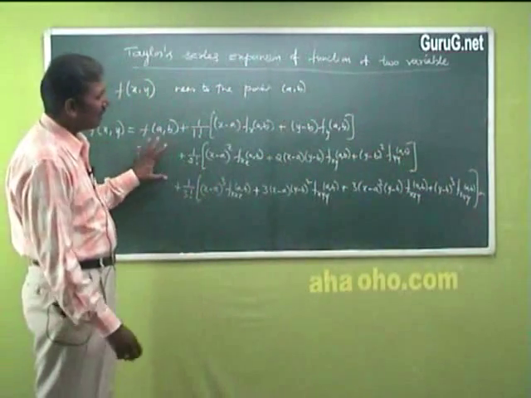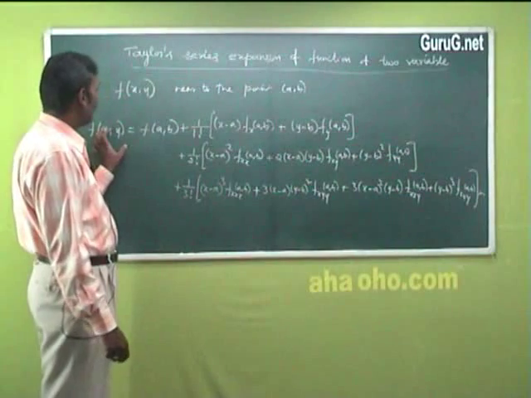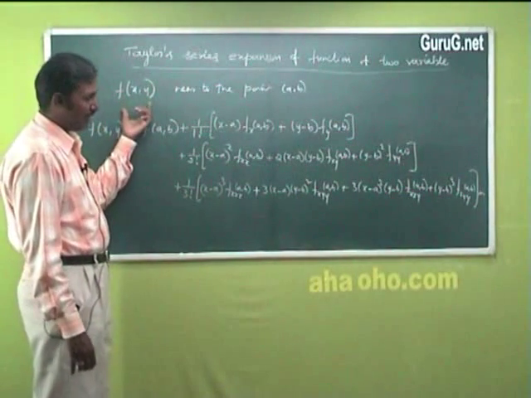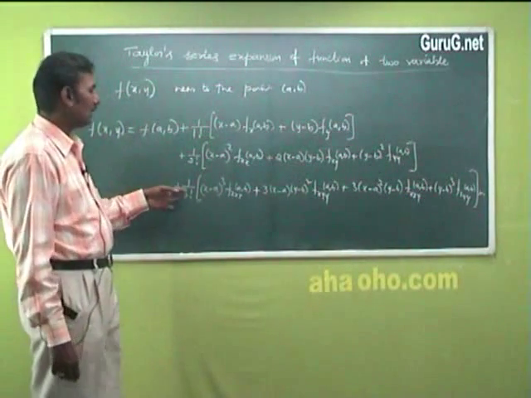So this is a Taylor series expansion of the function f of x comma y up to third degree terms.